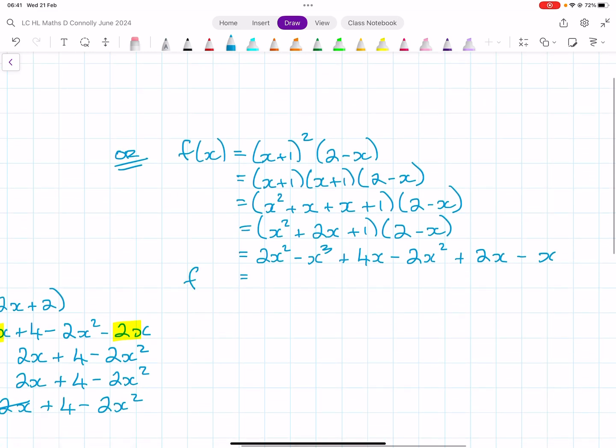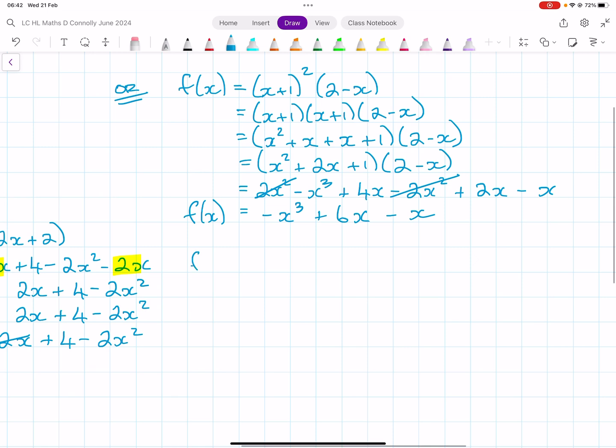Okay, so that gives me f of x is minus x cubed, 2x squared minus 2x squared is gone. This is plus 6x and then minus x. And then if we do f dash x, we get minus 3x squared.